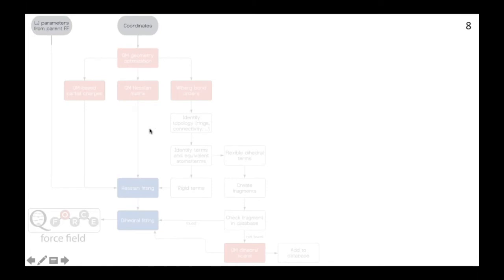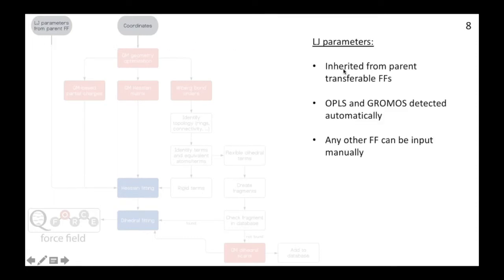Now, I will walk you through the different steps of the parameterization within QForce, starting from here all the way top and slowly walking our way down to the final result, that is the force field. To begin with, we need Lennard-Jones parameters, and these Lennard-Jones parameters, as I mentioned, are inherited from a parent force field. And in the case of OPLS and GROMOS, these are automatically detected, so no action needs to be taken.